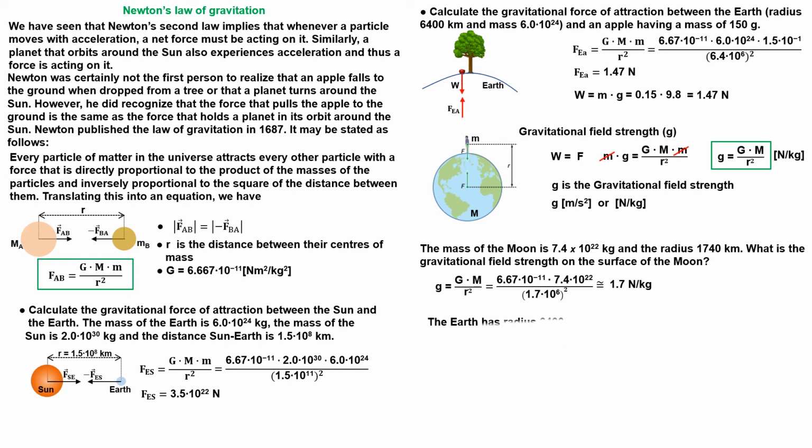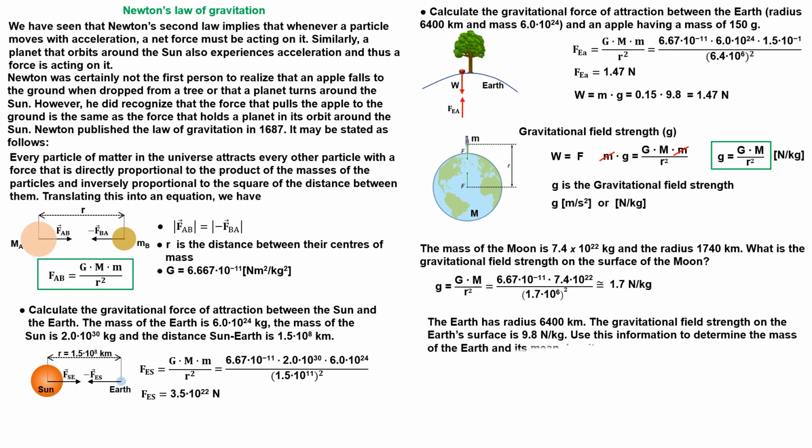The Earth has radius 6,400 kilometers. The gravitational field strength on the Earth's surface is 9.8 newtons per kilogram. Use this information to determine the mass of the Earth and its mean density. Substitute the quantities given into the equation to find the mass of the Earth.